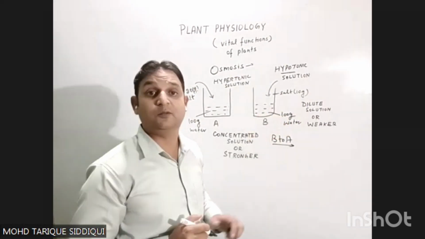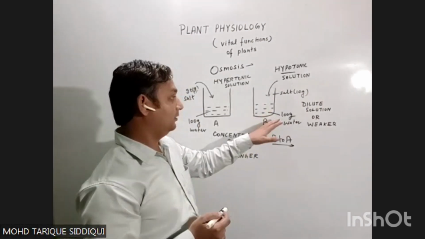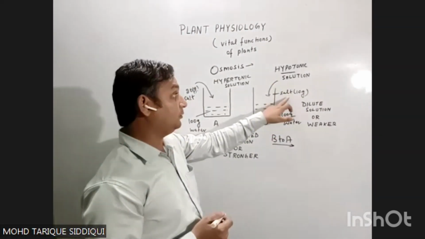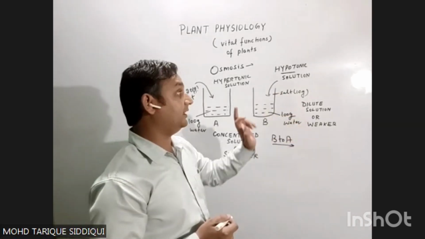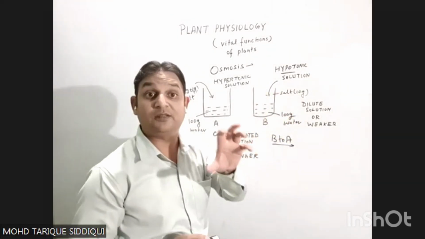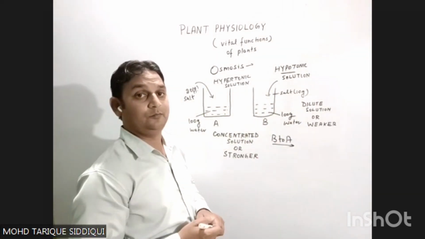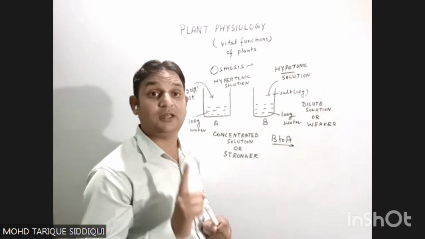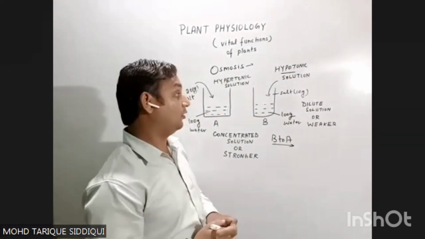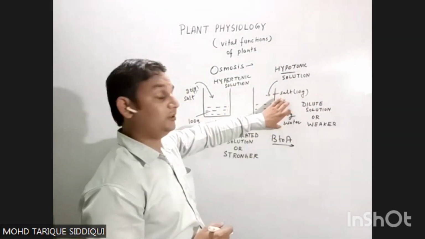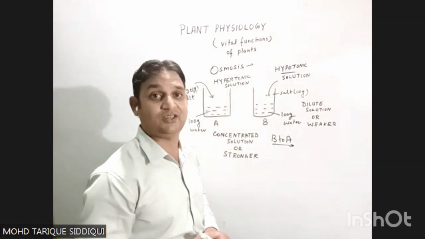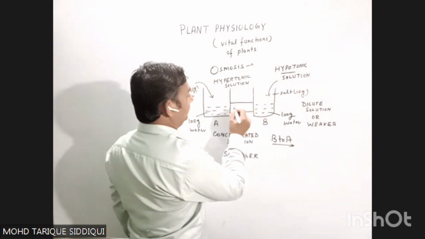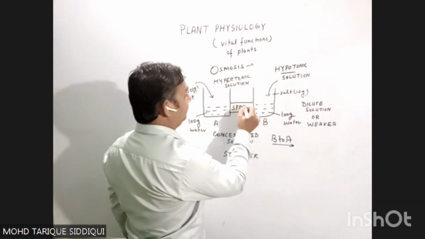Here the water molecules are more. You say, sir, 100 gram, 100 gram. No, compared to salt, this is dilute, weaker. So here the water molecules are more. Osmosis, number one definition: it is a process in which water molecules move from the region of higher concentration to the region of lower concentration through, important thing, a semi-permeable membrane.